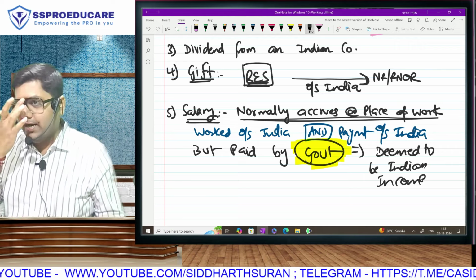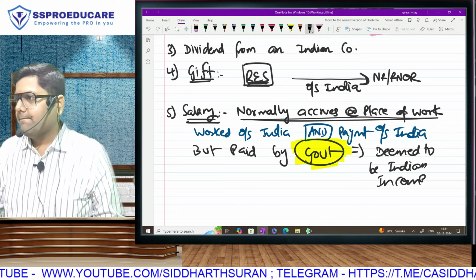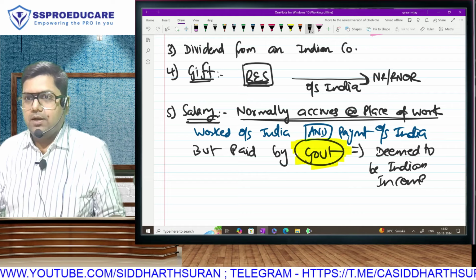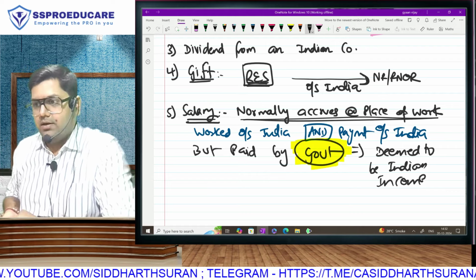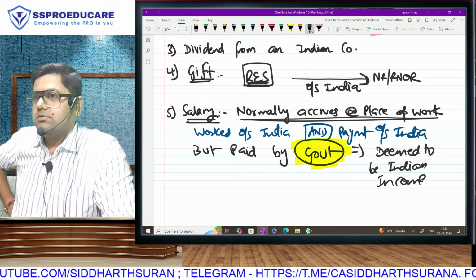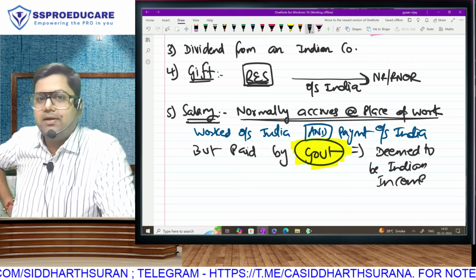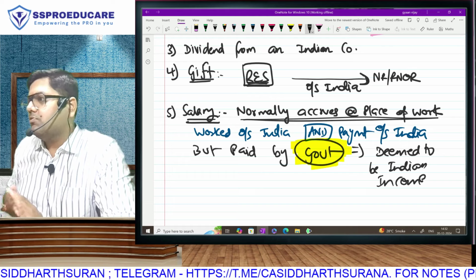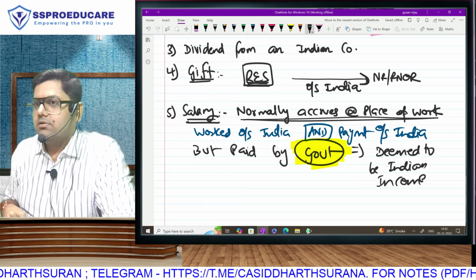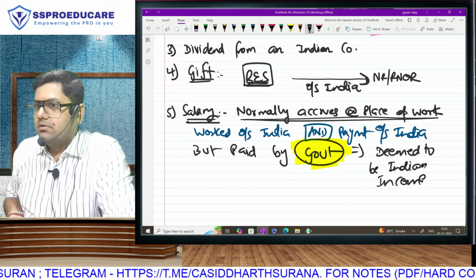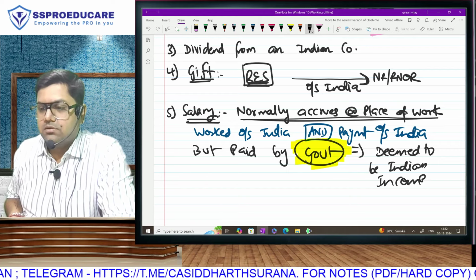Everything is happening outside India, but the payer is the government, so the income will be deemed to be Indian income. Is that clear? Everyone?